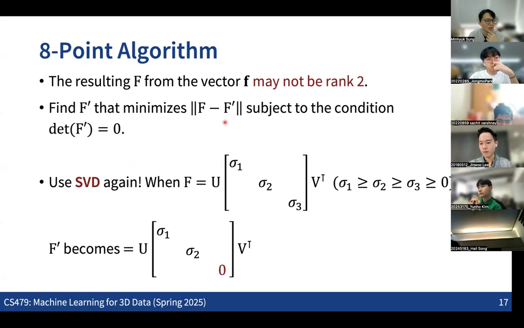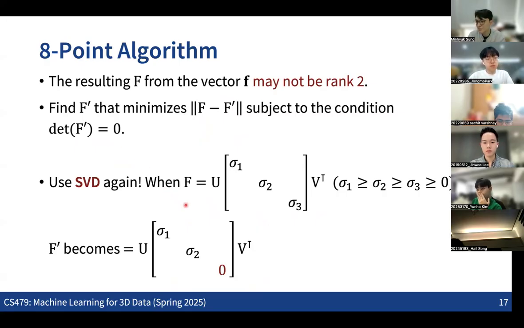Once we decompose F using the SVD in this way, if we make the smallest singular value zero, then the new matrix minimizes this difference while satisfying this condition. I'm skipping some details in terms of why we get this solution, but that's the way that we can calculate this.